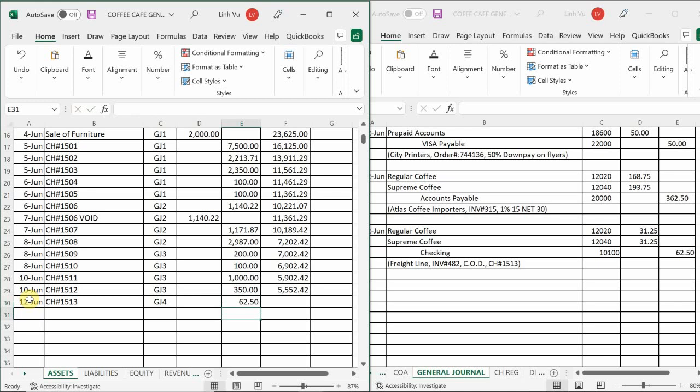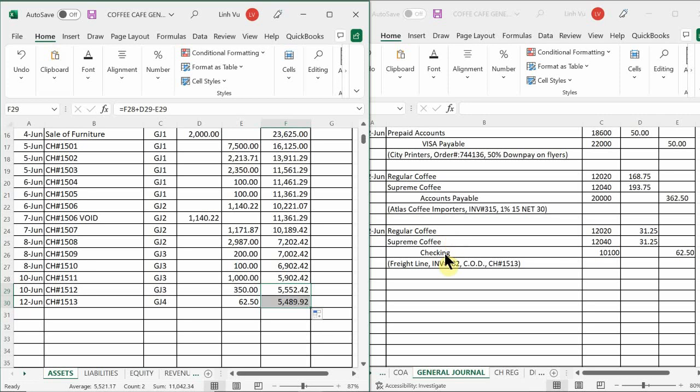$62.50. Okay. So how much should be left in my checking account after making that payment of $62.50 for shipping? $54.89.92. 54.8992 cents.